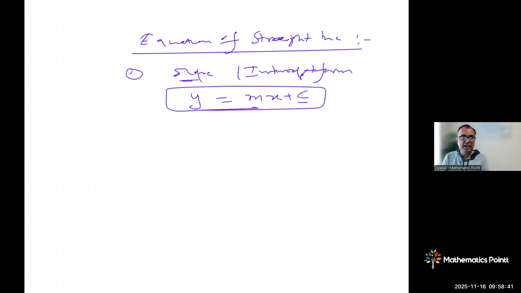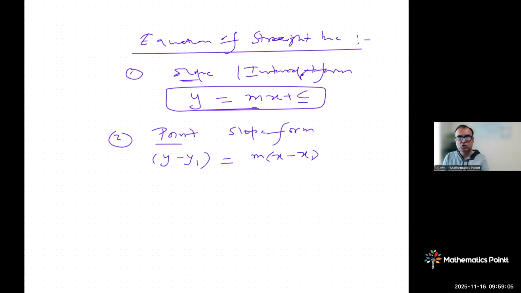And the one I gave you today is called point slope form, which is y minus y1 equals to m times x minus x1. In point slope form, you don't have to find the y-intercept.